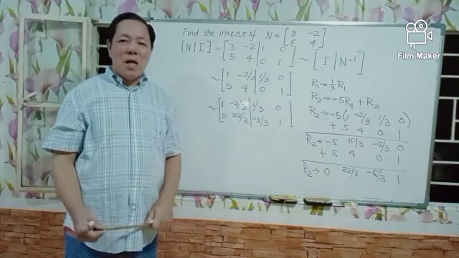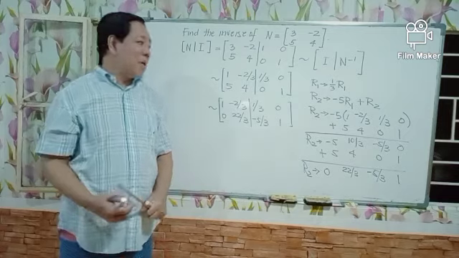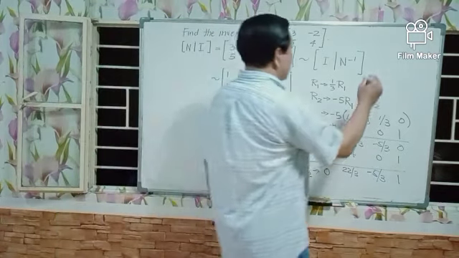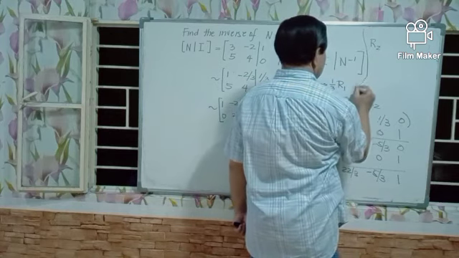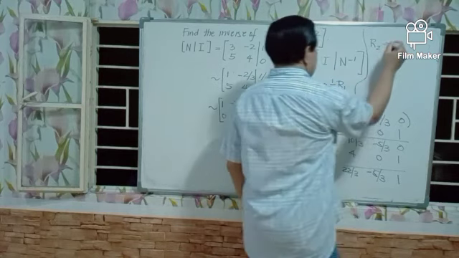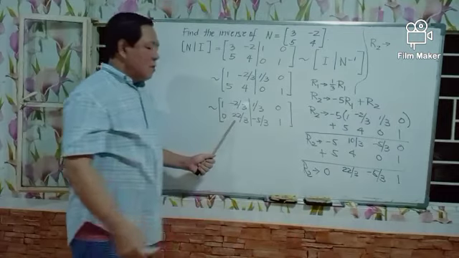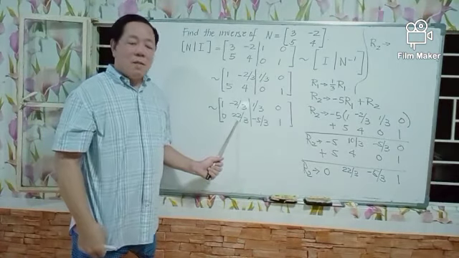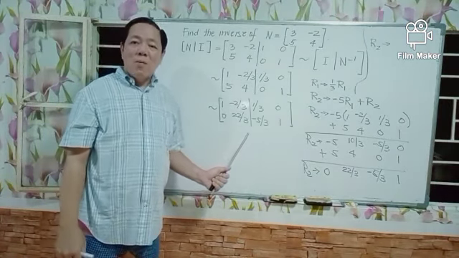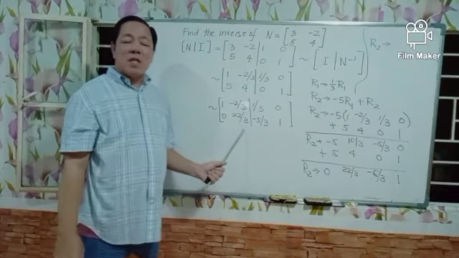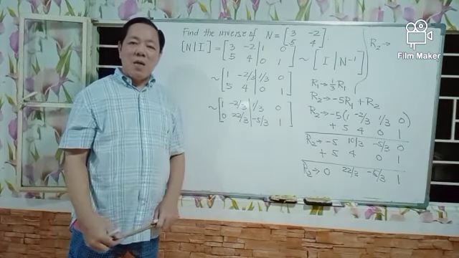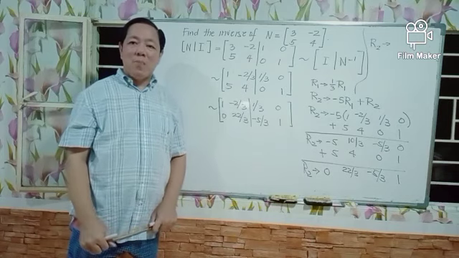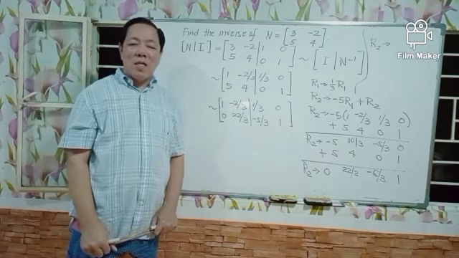And we make use of an elementary operation. To change 22/3 into 1, we simply multiply 22/3 by its reciprocal. Because we know from arithmetic or from algebra that the product of a number and its reciprocal is 1.